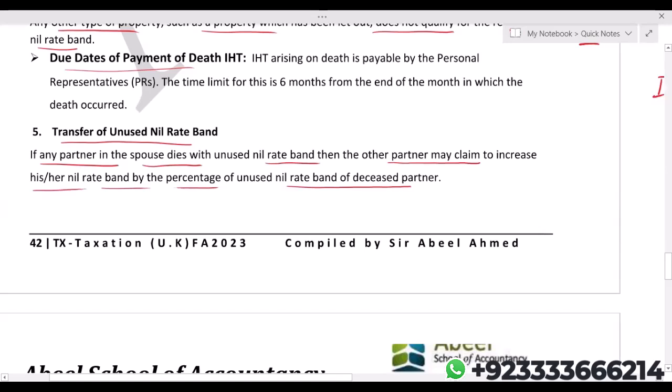Assuming, just an assumption, if your examiner says that the first spouse, when died, only used 70% of the nil rate band. It's okay. So on the death of the second spouse, they will get their normal nil rate band of 3,25,000 plus an additional 30%, because the first spouse utilized 70%. So how much was not used? 30%.